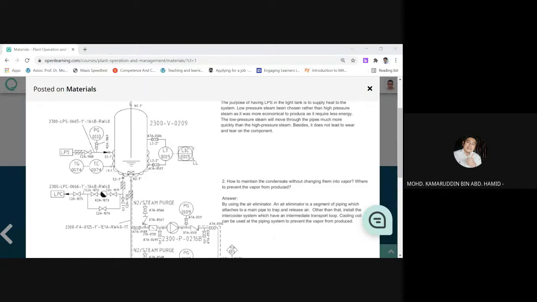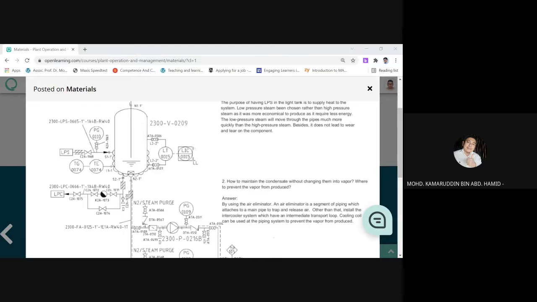You can add a steam trap at the release there, at the drainage. Oh, you have a drain valve over there, but that is before the bypass. Okay, before the bypass.